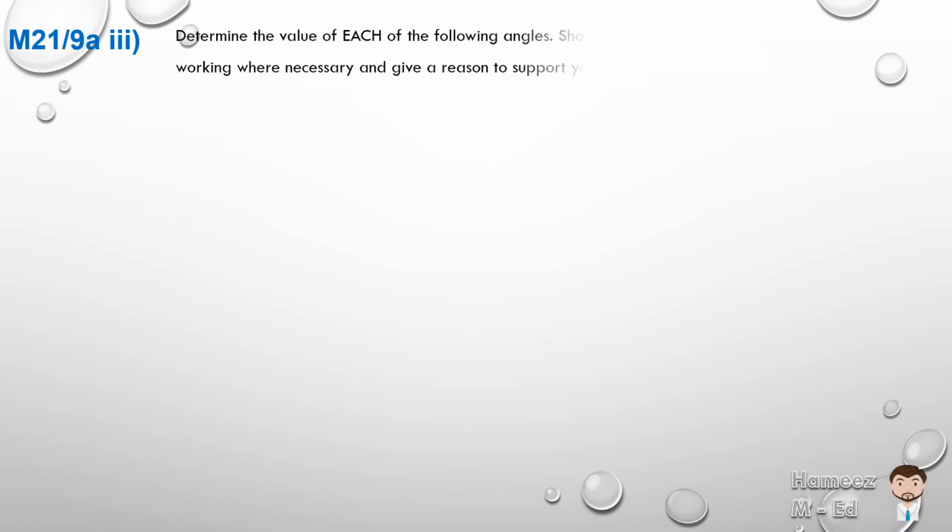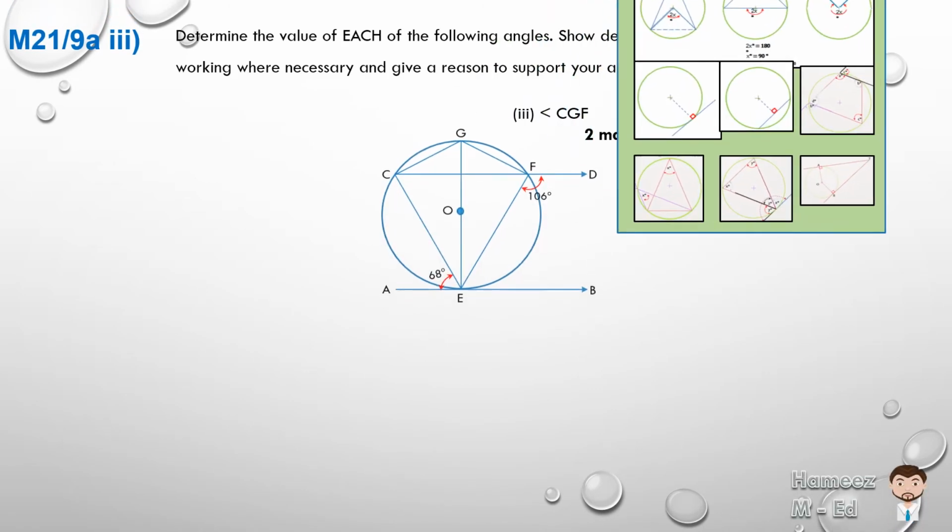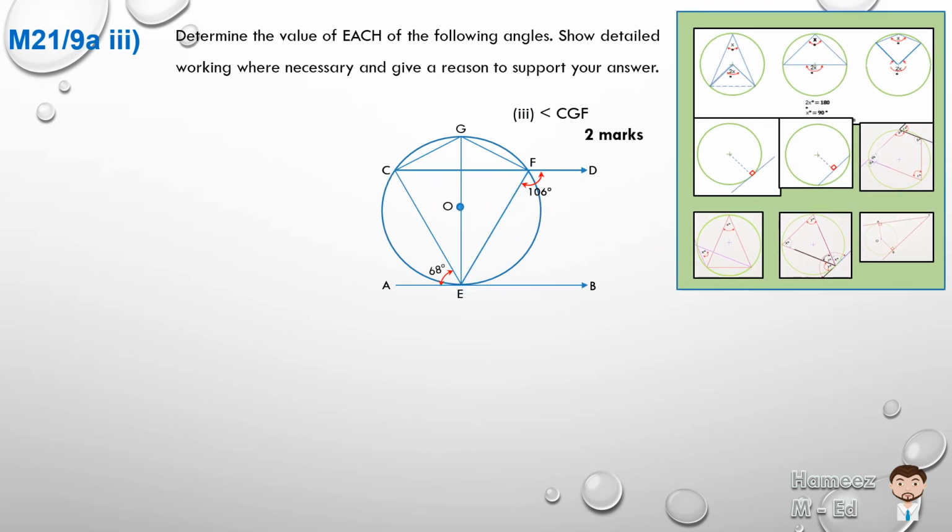May 2021, number 9A, part 3, find the angle CGF. And if we pull out the parallel lines, let's extract it. Notice we have 106 degrees up on top. So we can find the angle in purple down below, because those two angles together are called interior angles. And that is because the lines AB and CD were parallel.